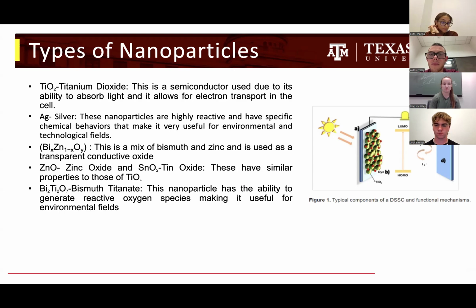Lastly, we have Bi2Ti2O7, which is bismuth titanate. This nanoparticle has the ability to generate reactive oxygen species, making it useful for environmental fields. And this figure shows the typical components of a DSSC and functional mechanisms.